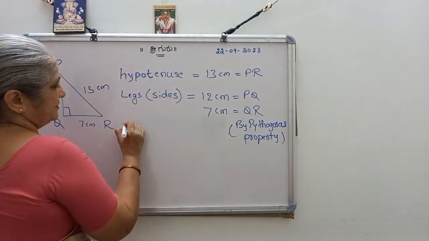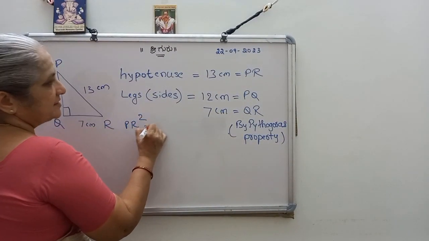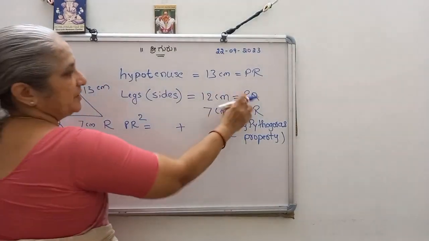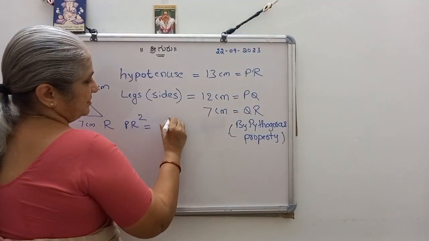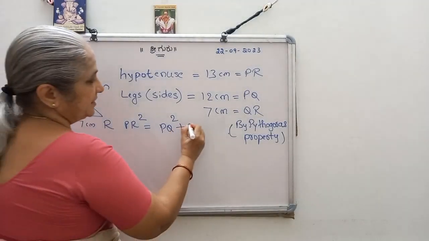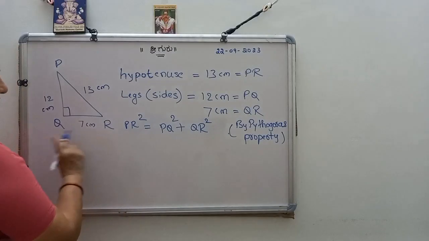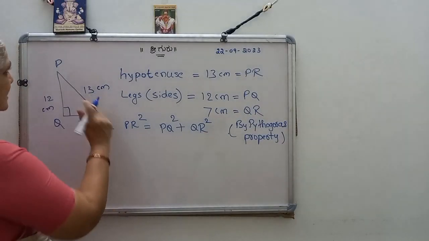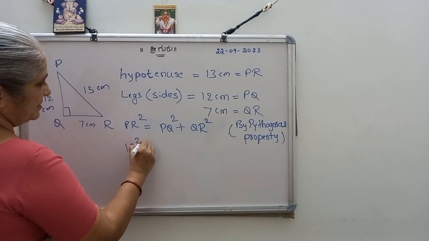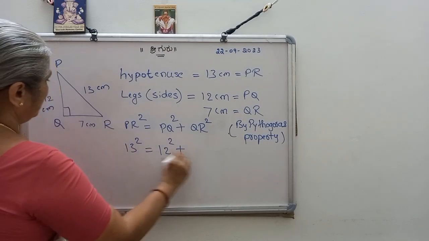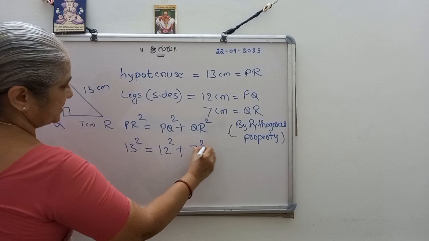Hypotenuse square, PR square, is equal to sum of squares of the other two sides. Let us check. PR is 13, 13 square is equal to PQ is 12, 12 square plus QR is 7, 7 square.